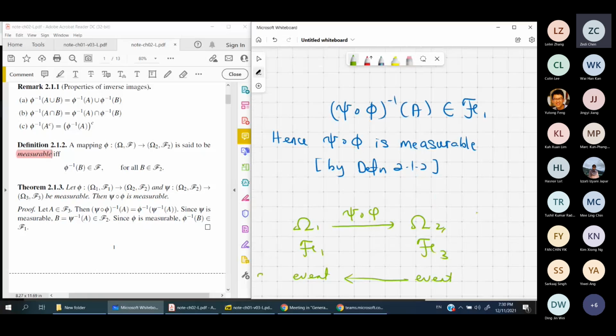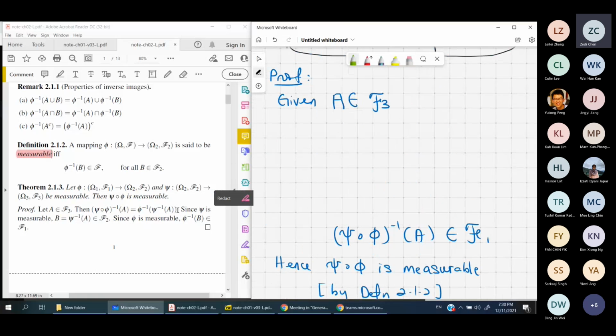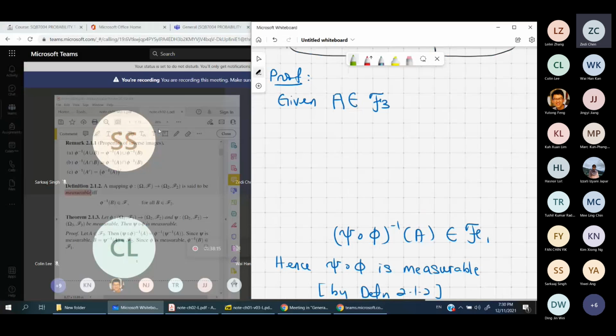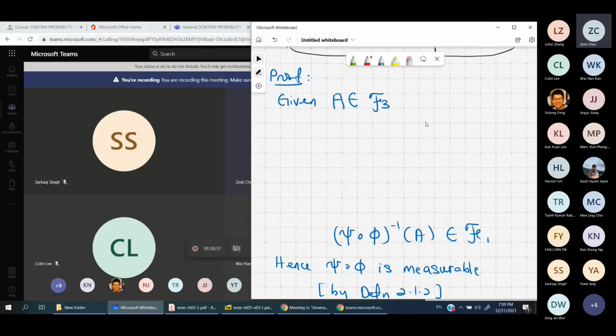This is something that you need to show. I'll let you think about how to fill in the blanks. Actually, it's already here. Just forget about this page, and try to fill in the blanks over here. If you are able to fill in the blanks, congratulations, you already know the terms, you know the rules to play the game.